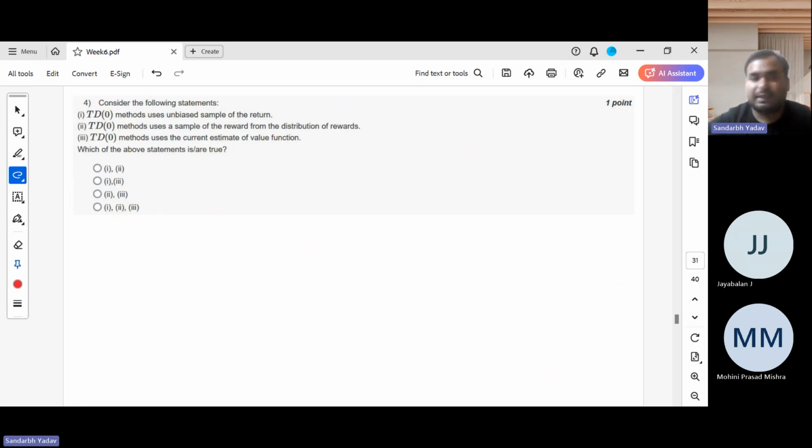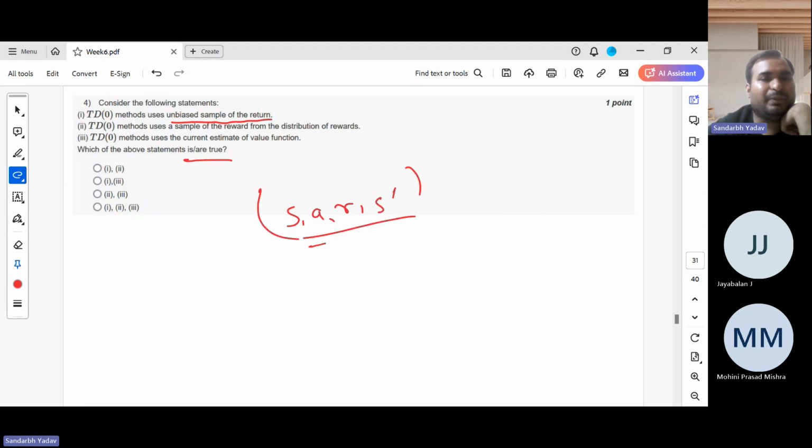Again, which of the following are true. Consider the following statements. TD0 methods use an unbiased sample of the return. Is it an unbiased sample? TD uses this kind of data to make the update. It could be biased, right? If you are in some state and some action, you are not exploring every possible action.